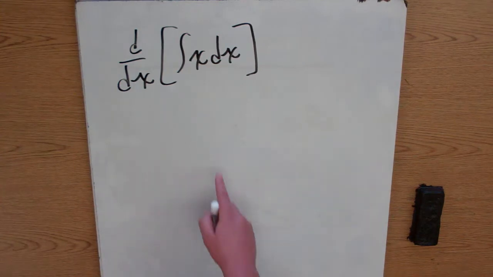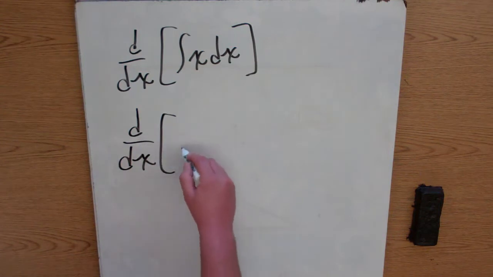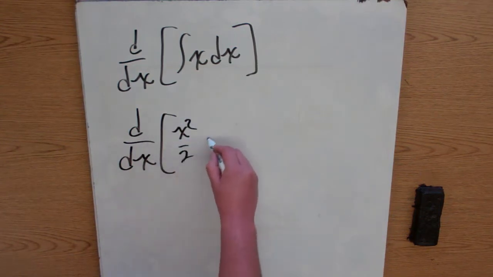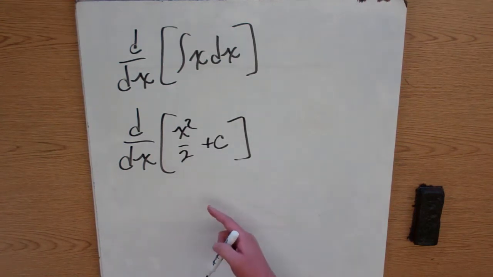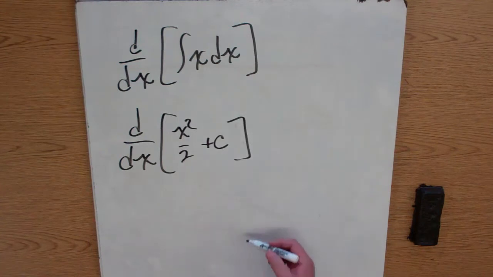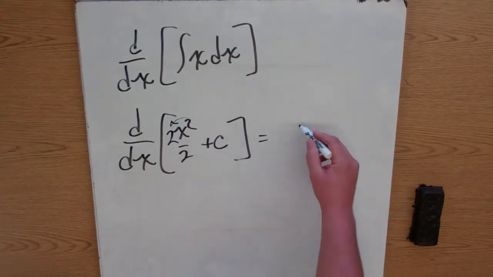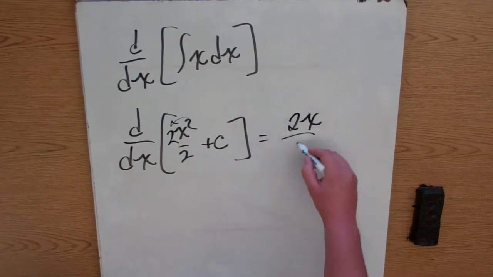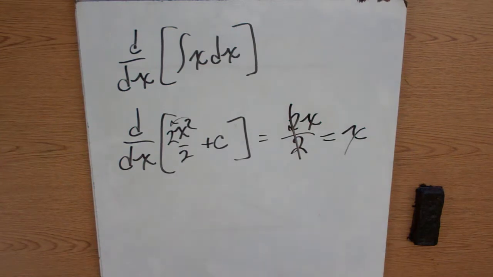When you integrate this, you're going to get x squared over 2 plus c. Now, when you take the derivative of this, remember, you're going to drop the exponent down. It's going to be 2. So the derivative of this is going to be 2x over 2. The c's gone. The 2's cancel. Boom, back to x.